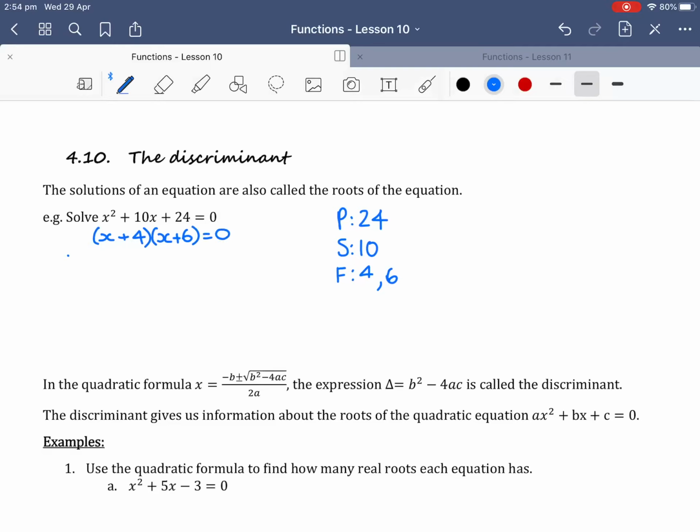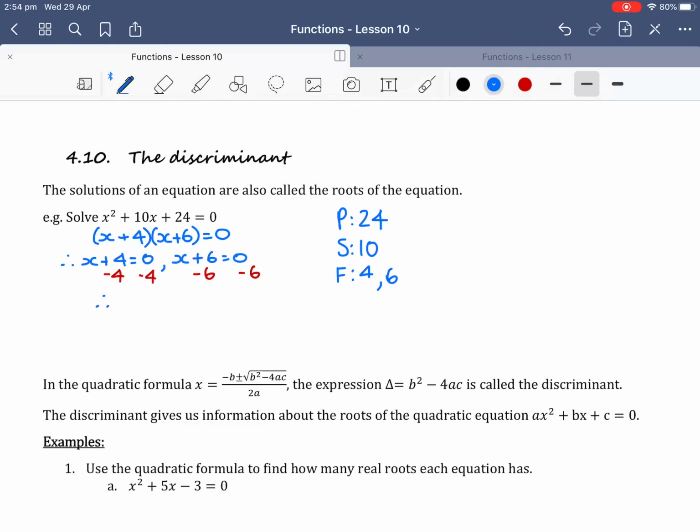Therefore we have x plus 4 equals 0, and x plus 6 equals 0. To find out what x is equal to, for x plus 4 equals 0, we would subtract 4 from both sides, and for x plus 6 equals 0, we would subtract 6 from both sides.